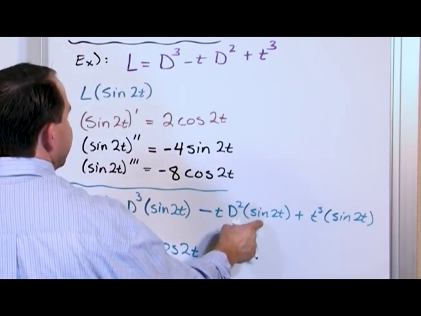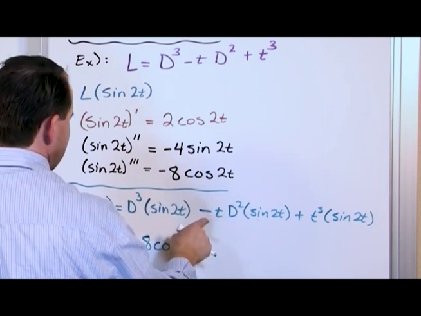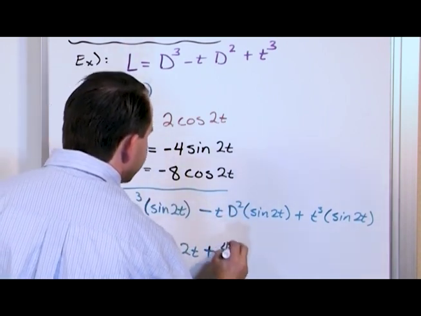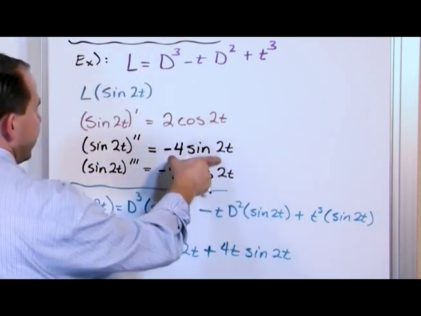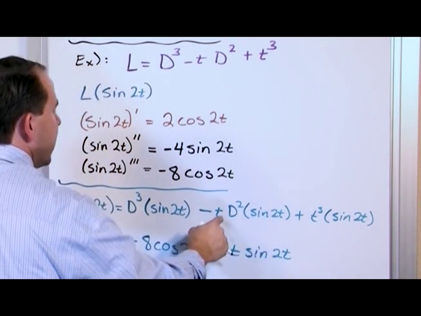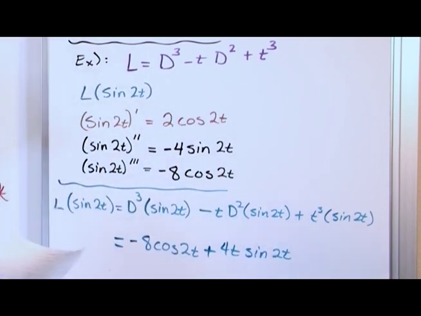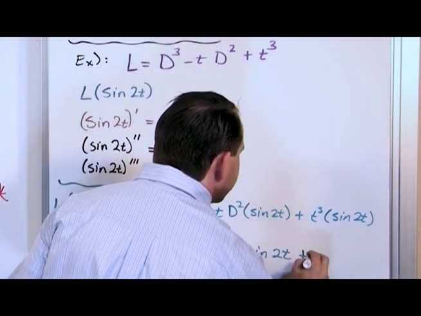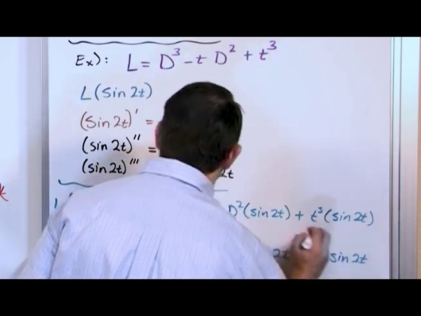This guy, the second derivative was given here, which was negative, but I have a negative here, so I'm going to have plus 4 times t sine of 2t. This is the second derivative. I stick it right here. I have a t here, 4 from there, negative times negative gives me positive. So I'm going to have plus 4t sine 2t, and then over here at the end, it's just going to stay the same, t cubed sine 2t.